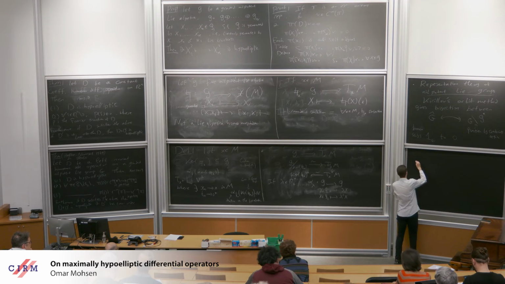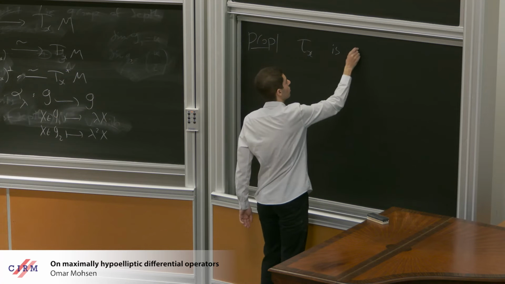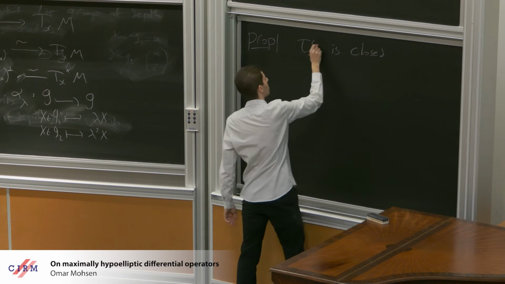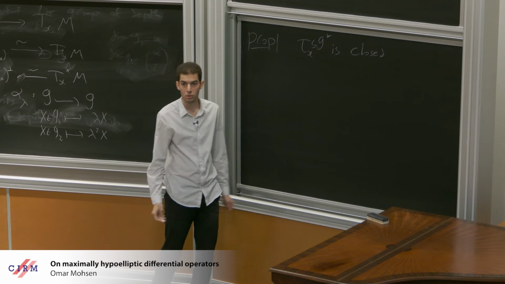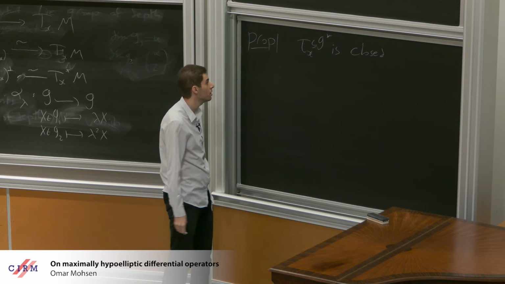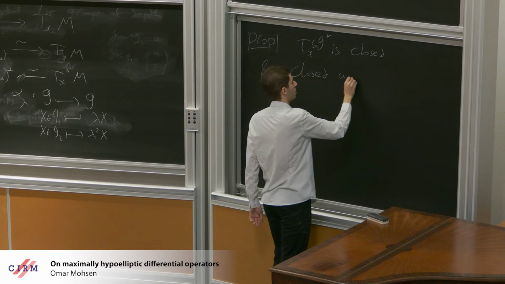Now, what's not clear at all from the formula is that this set is closed. So it's a subset of G star. It's closed with respect to the Euclidean topology, and it's closed under the coadjoint action.